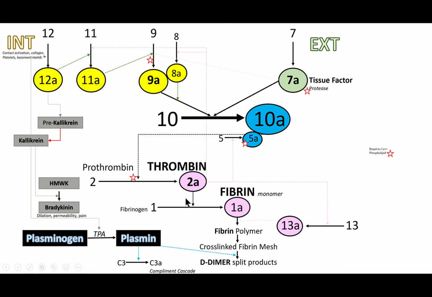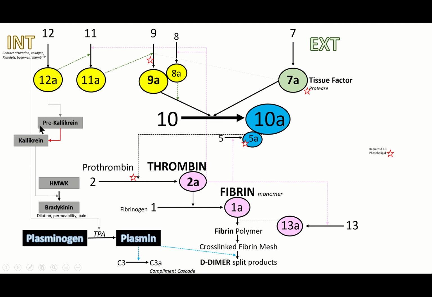Some extra notes. I know this is like a jam-packed page. I'll start here. So the star, anything starred requires calcium and phospholipid. So here, 7A, 5A, this whole reaction right here from prothrombin to thrombin, and your 9A. Interestingly, over here, plasminogen to plasmin, you're going to have plasmin also activating your complement cascade.